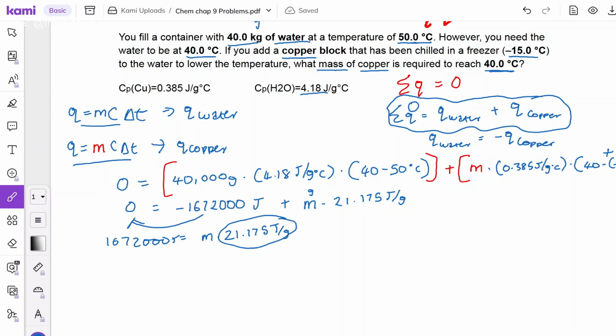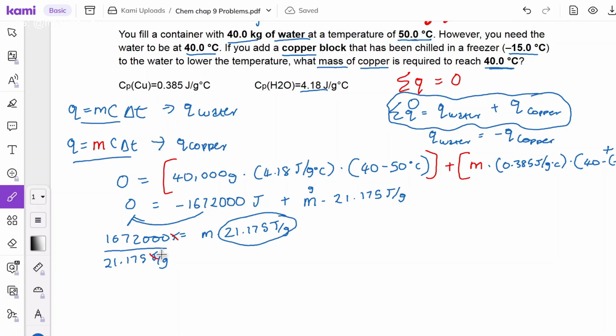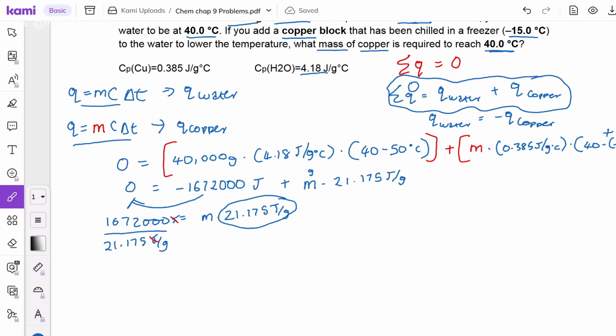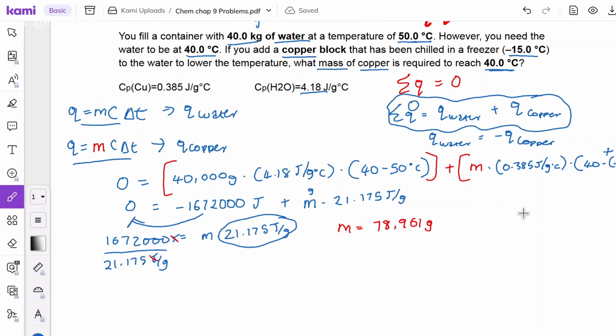And when you divide both sides by 21.175 joules per gram, the joules end up canceling out, and you're left with grams, and you're left with M is equal to 78,961 grams approximately, and that's the mass of copper needed for this equation to be proven right.